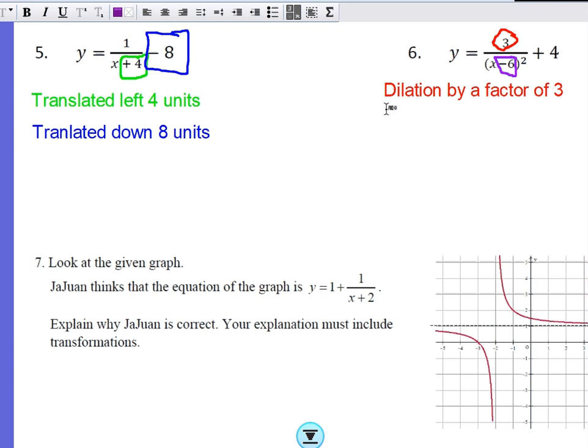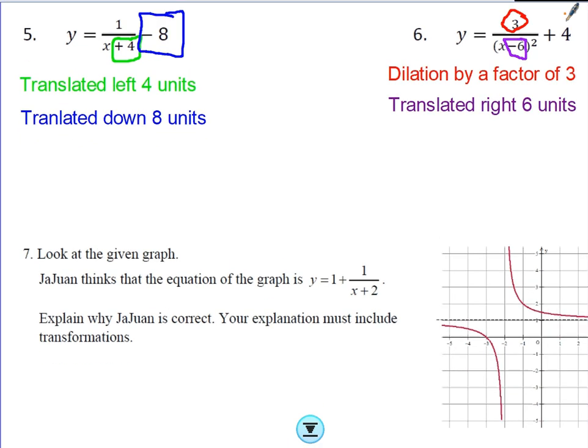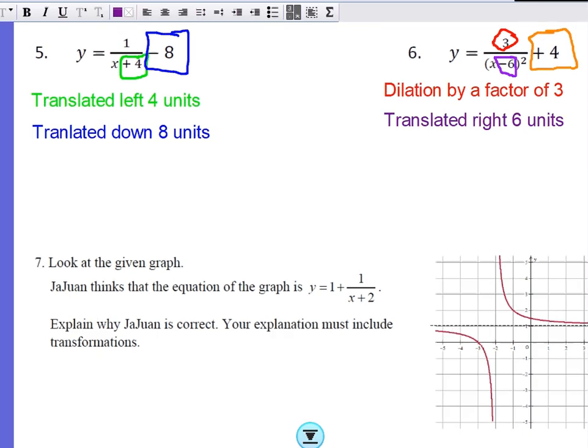That means the graph has been translated right 6 units. And then finally, we have this plus 4 here for our k. So that means that the graph has been translated up 4 units.